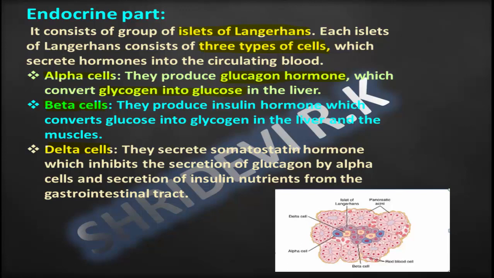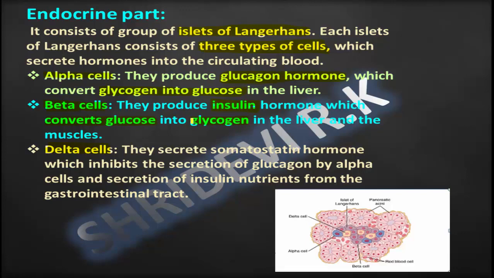Then beta cells, this is very important. They secrete the hormone called insulin. The opposite function to that of glucagon is carried out by insulin. It converts glucose into glycogen.